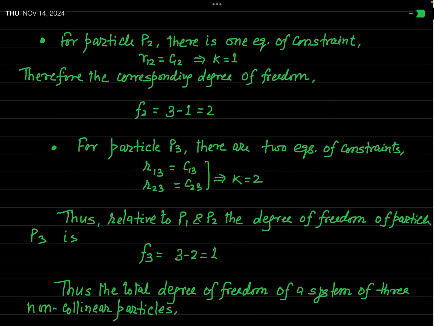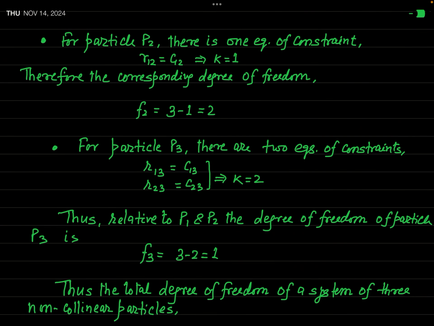Now see about the particle P2. Here there is particle P1. With respect to, or relative to, particle P1, what will be the degree of freedom of this particle P2? As you know, relative to particle P1, the distance of P2 from P1, which is R12, is equal to a constant.